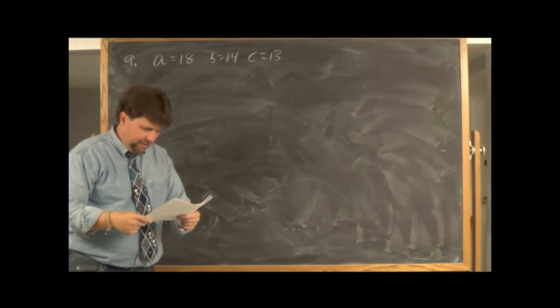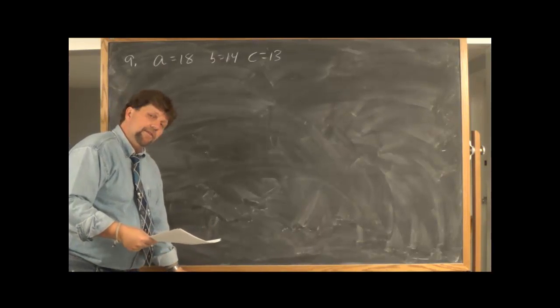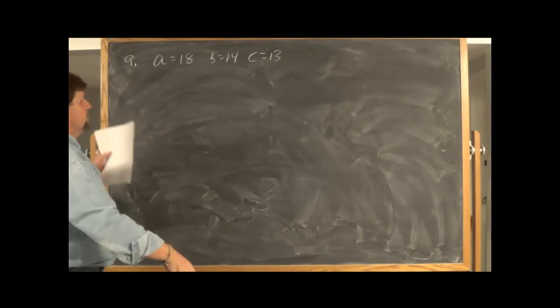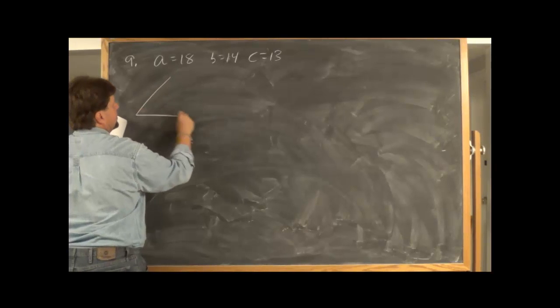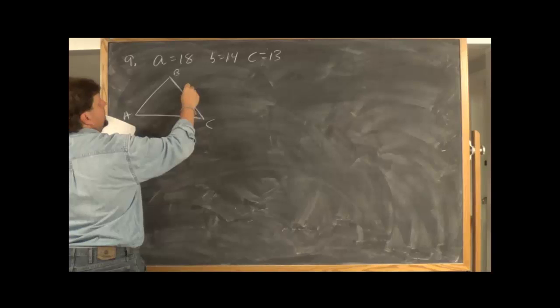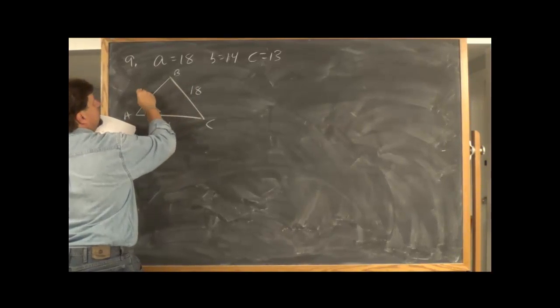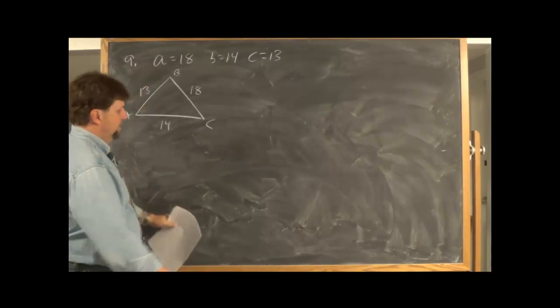All right, folks, here at number 9, you're asked to solve a triangle, and you're given the length of the 3 sides of the triangle. So again, I sketch a quick generic triangle, and see A is 18, B is 14, C is 13.